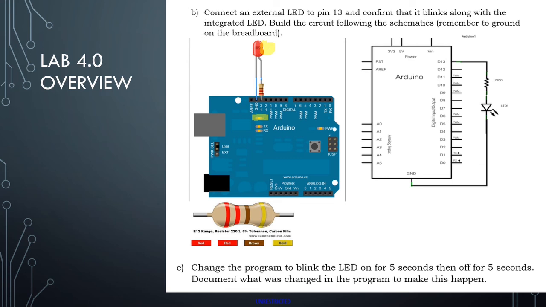So if your external LED is not blinking, you can troubleshoot and you know that it is something in your construction that is incorrect because you should have verified your code in the previous step. So again, by using pin 13, we can verify our construction. And if you follow either of these schematics, the pictorial or the wire diagram, you should be just fine.